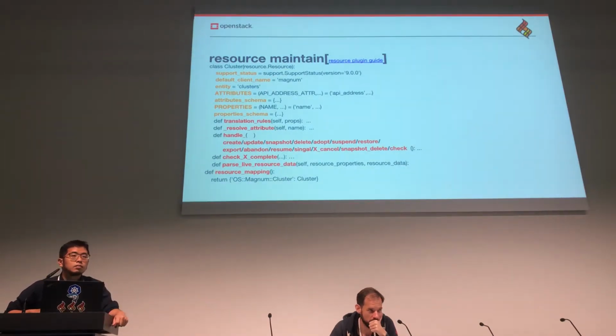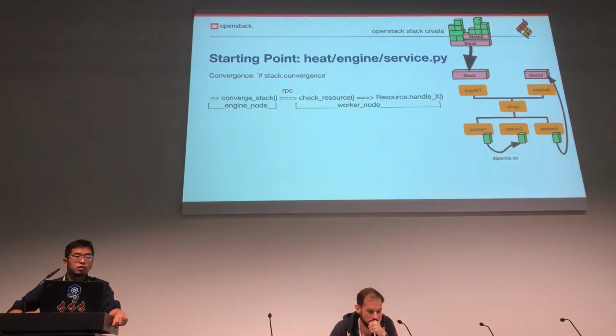Sorry, may I ask a quick question about the previous slide? There is a big connection between engine and worker, and here at the Summit there was a talk where they replaced RabbitMQ with an AMQP dispatch router for communication between Nova components. They eliminated the AMQP broker and replaced it with the AMQP dispatch router.